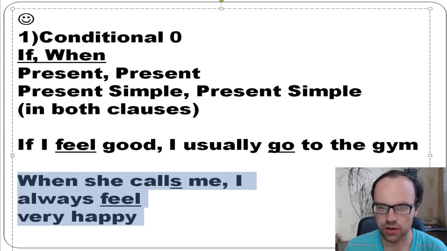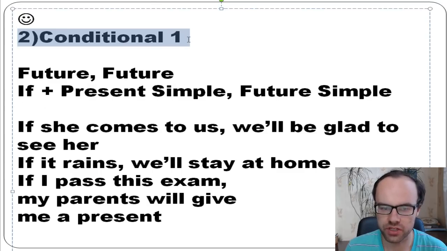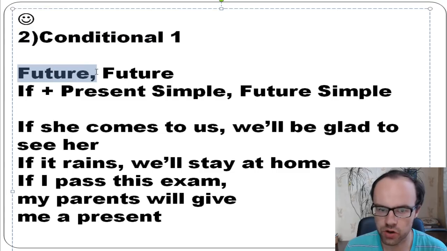So let's talk about the first conditional, okay? So we talk about the future, yeah? We talk about the future in the first part of the sentence and in the second part of the sentence too. Yeah, future and future.